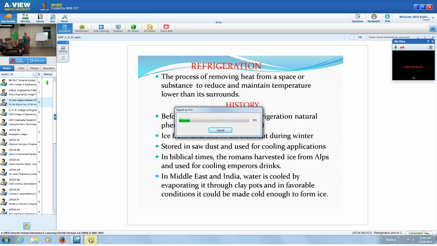Before the invention of mechanical refrigeration, natural phenomena were used, that is, ice. Ice from lakes and rivers during winter was stored and used for refrigeration. The ice was stored in sawdust and used for cooling applications.